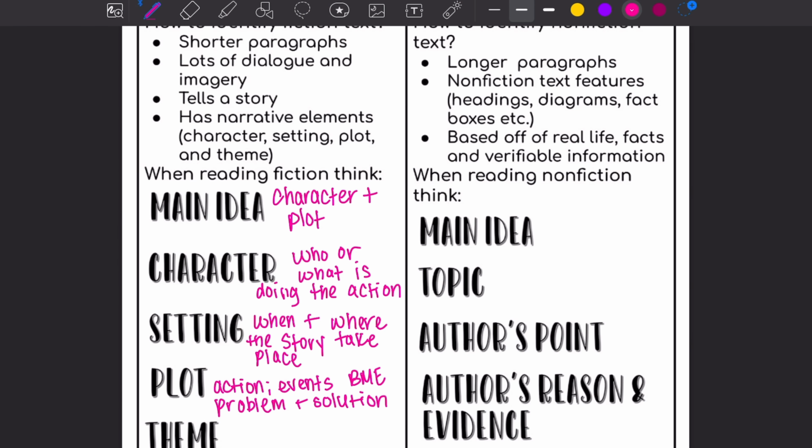Lastly, when we are reading fiction, we want to think about the theme. The theme is the lesson from the text. It's the lesson or the message. What can I learn from the story? What is something that I can take from this text and apply it to my life no matter who I am? The theme is not something like Miss James went to the movies, but maybe when I went to the movies, I got to take some time away from work to relax.